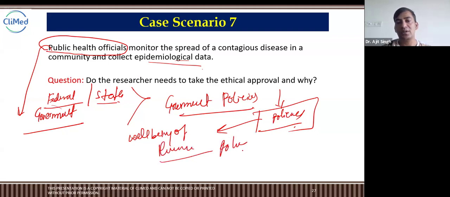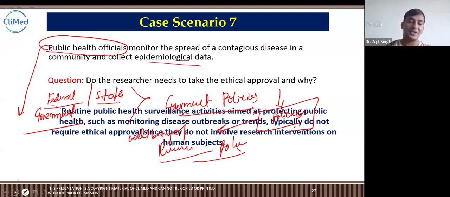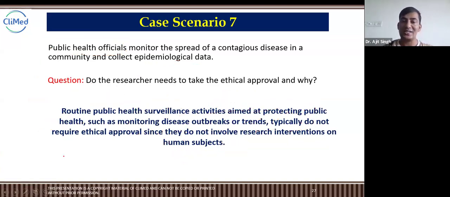So the government is the ethics committee. Government policies or the process of implementation of the policies does not need ethics committee approval. Remember that. Okay, because these come under policy making, policy changes.